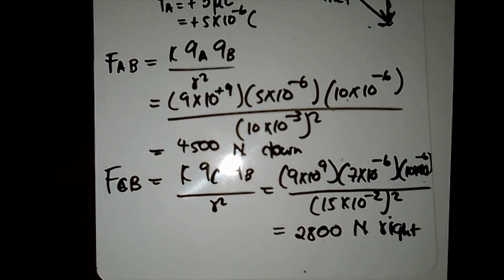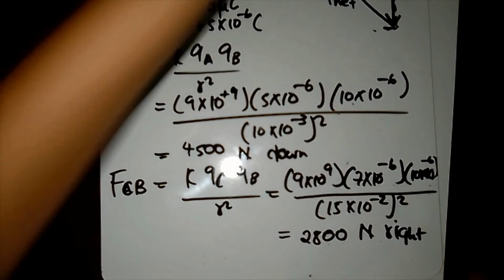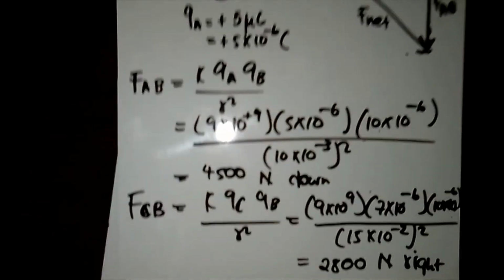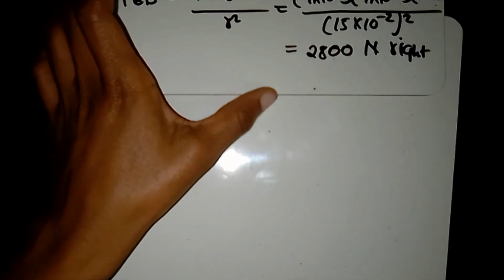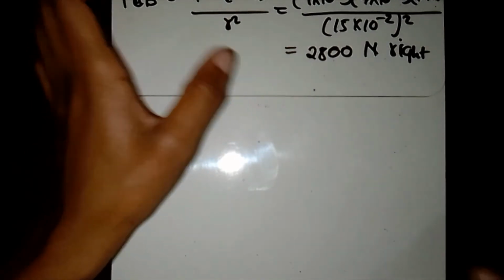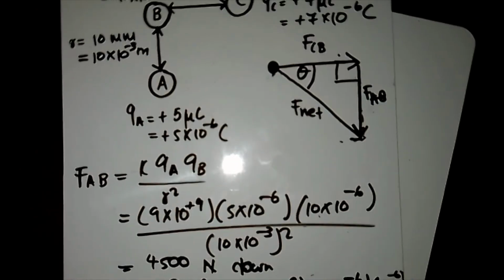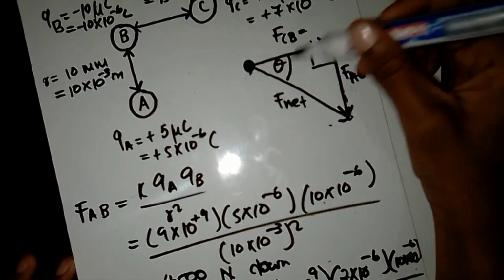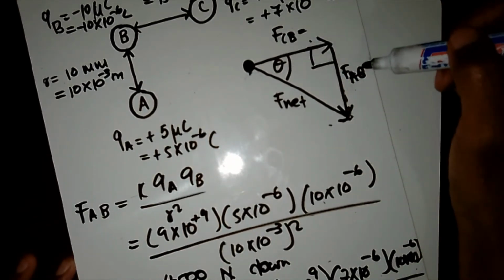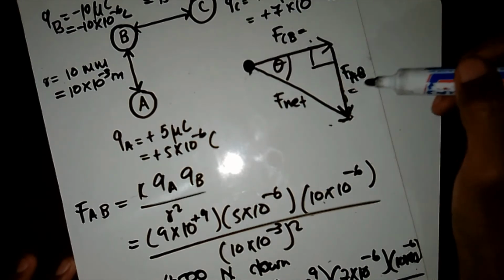Right, so now that we have our two forces, we can use Pythagoras theorem. You notice that we have this side over here, the adjacent side. We also have the value for the side over here, the opposite side.